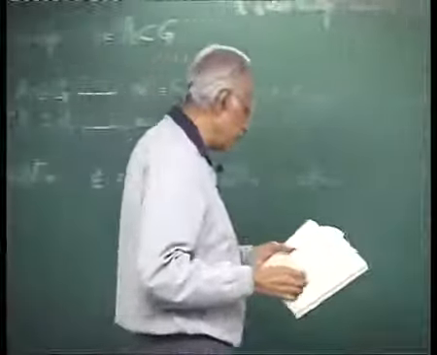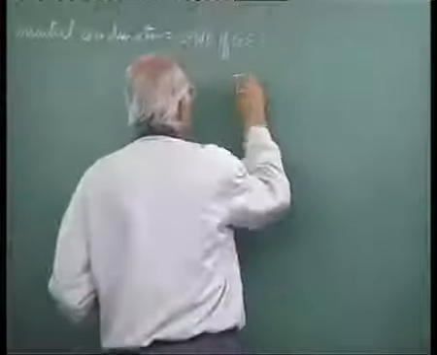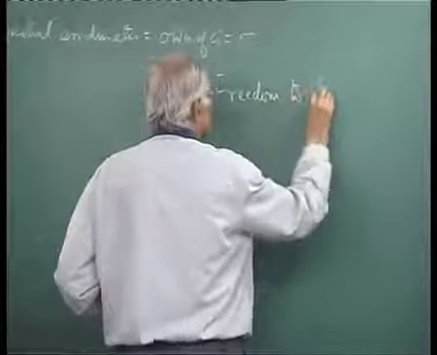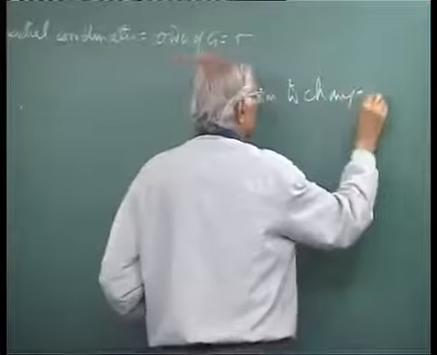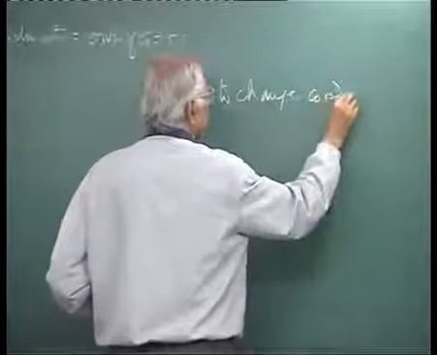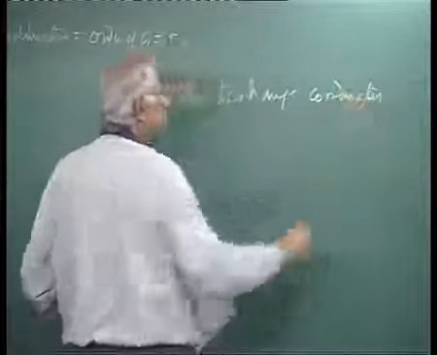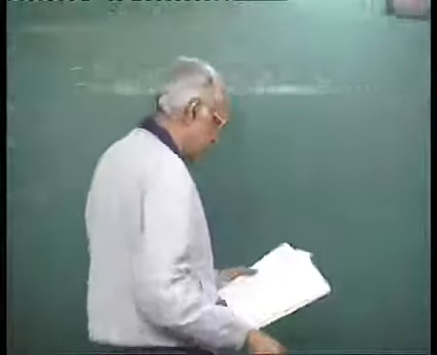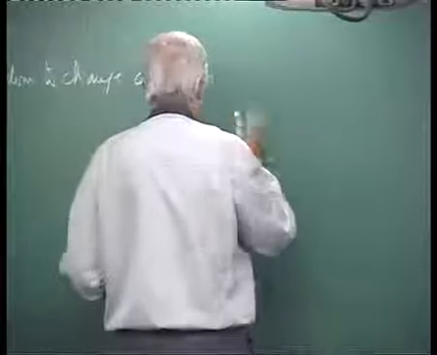So this means that we always have the freedom to change parameters, or freedom to change the coordinates that you use to label group elements. And this I will keep mentioning off and on.